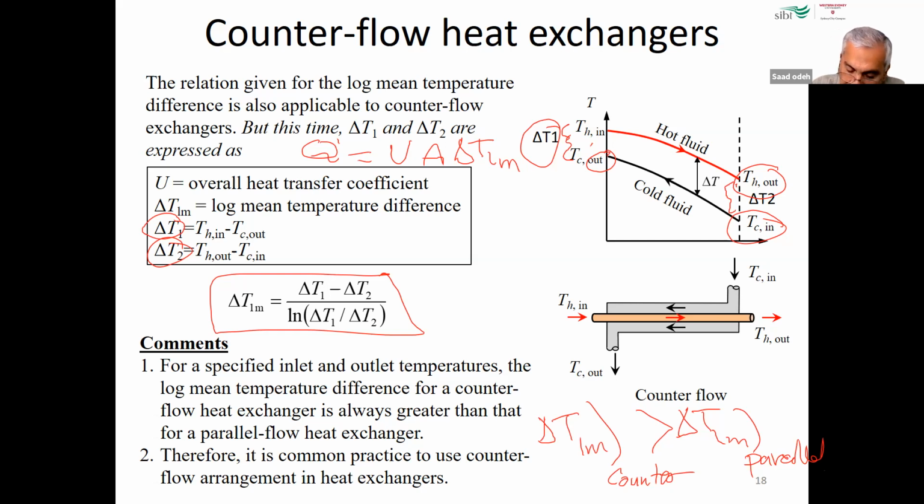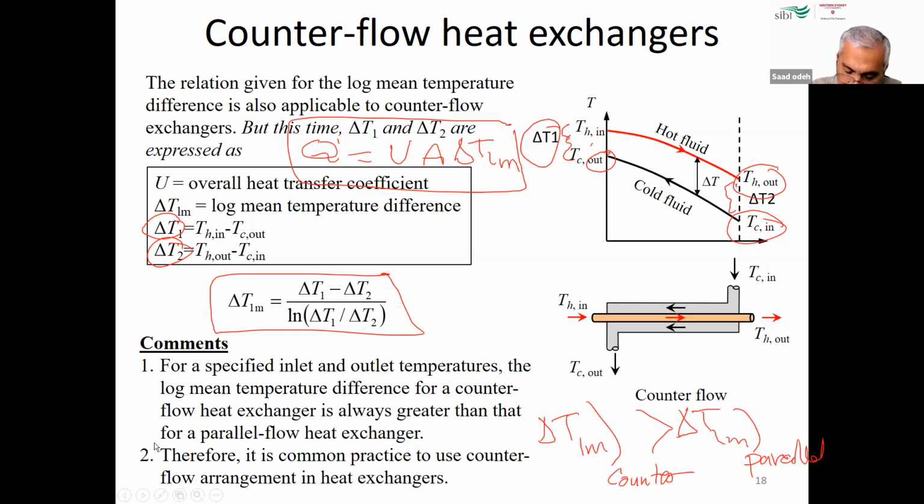What do you expect here? Which one will have more heat transfer? Can someone tell me? If we have delta T_LM in counterflow bigger than delta T_LM in parallel flow, which heat exchanger has more heat transfer, the parallel or the counterflow?